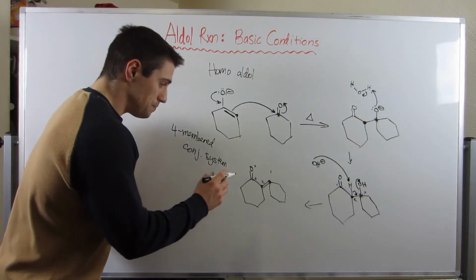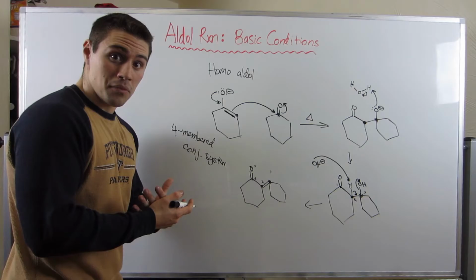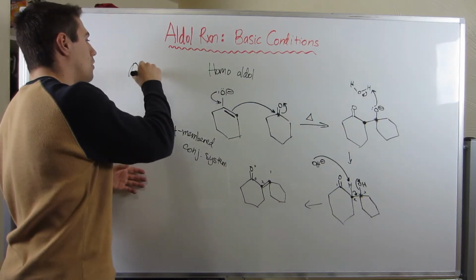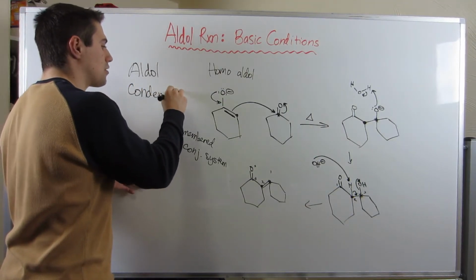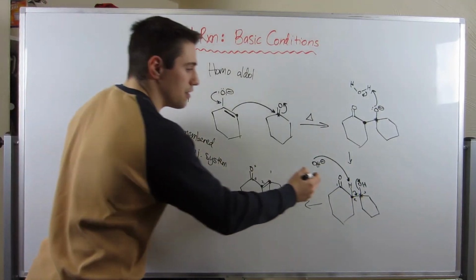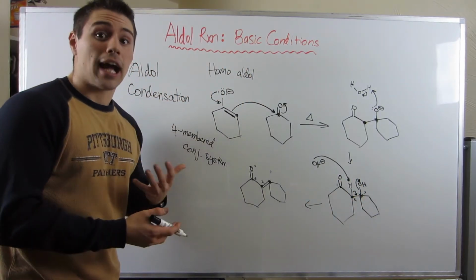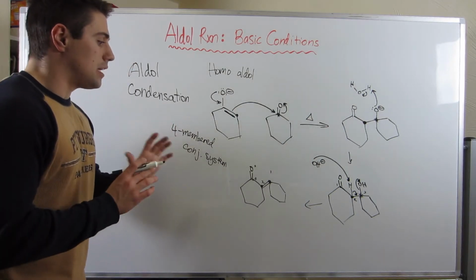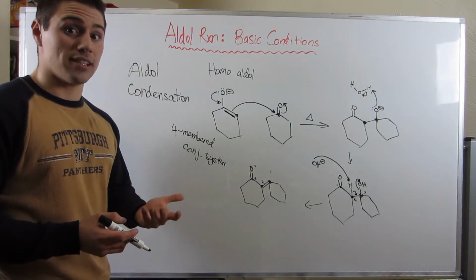If you see this 1, 2, 3, 4 conjugated system, that is indicative of what's called an aldol condensation, right? Because we said earlier that kicking off this OH minus as well as removing that H is a dehydration step. It's condensation.